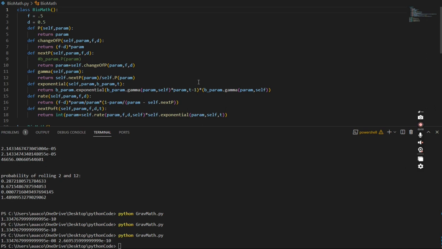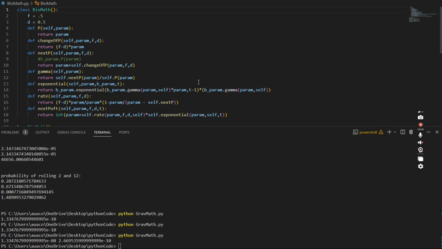And this is the ones that are dying off. And then we divide that by the population minus the next population.